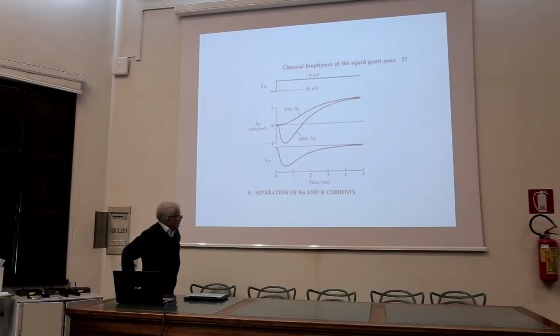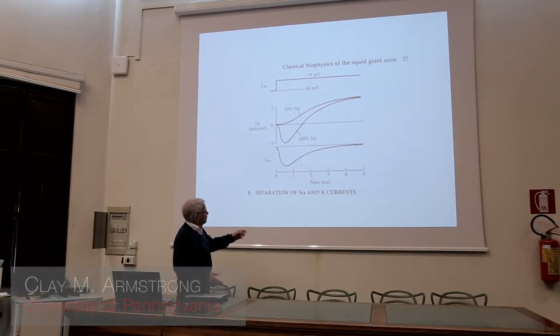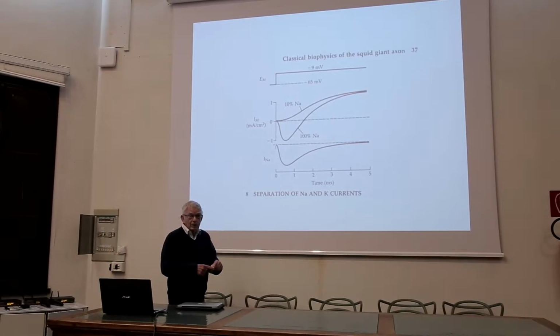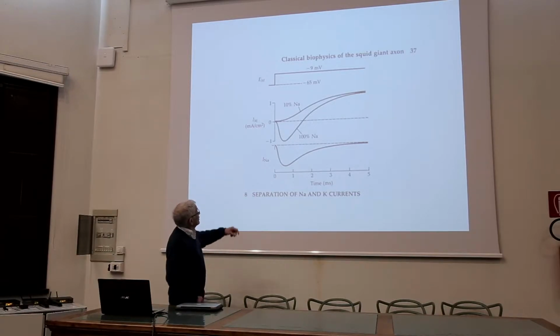Description of the currents that one could observe using the voltage clamp, which involves putting a wire down the middle of the axon and then attaching the wire to a voltage clamp apparatus.